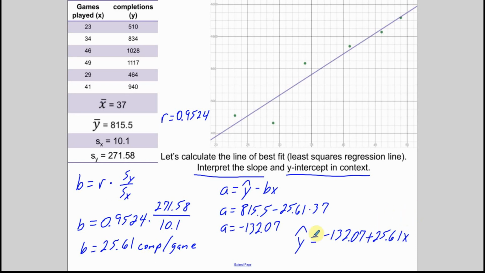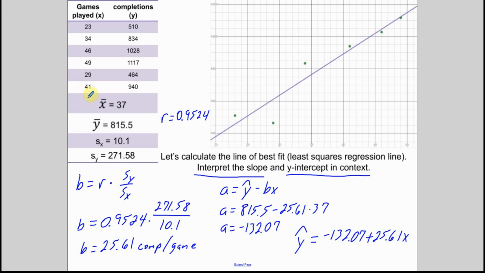Now, one thing you have to be careful of, and you'll see this later in the slides, is something called extrapolation. This data was built from a low of 23 games played up to a high of 49 games played. So when you start estimating outside of the range of data that you used to create it, you're playing with fire there, you're in dangerous territory.